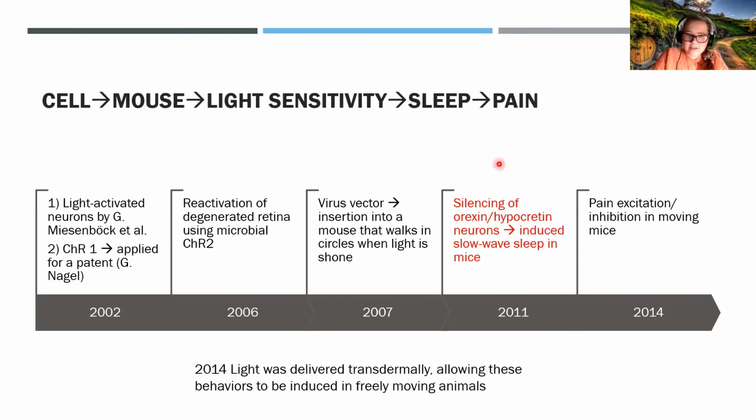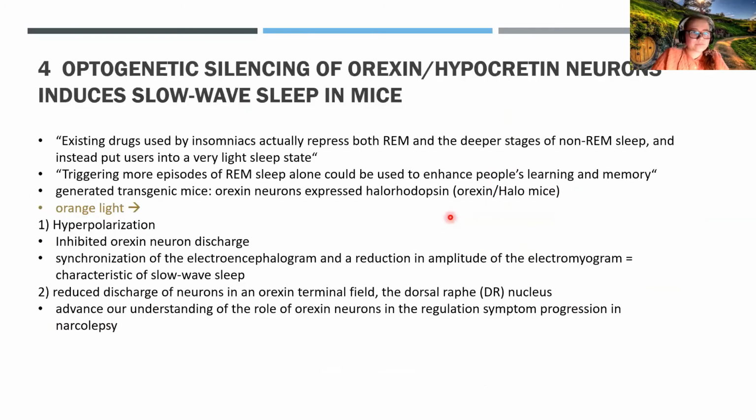So now a bit about sleep. It's the fourth paper I would like to discuss here. The very, very huge problem that optogenetics would solve in sleep is that existing drugs now usually repress REM sleep and the deeper stages of non-REM sleep.